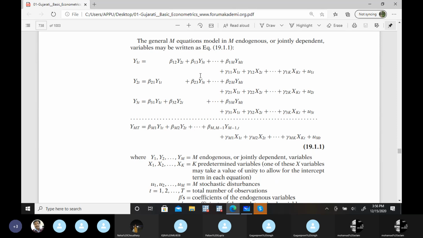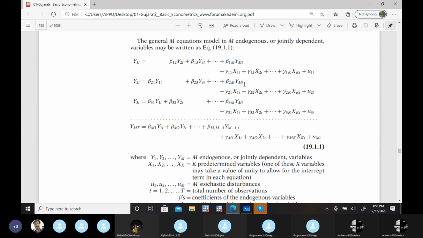For example, these y variables, like in this first case, y1 is the dependent variable. But in the second equation, y1 is the independent variable. Similarly, y3 here is the dependent variable, but here it's an independent variable. So variables which have interrelations, they are interconnected, they are endogenous variables, jointly dependent variables.